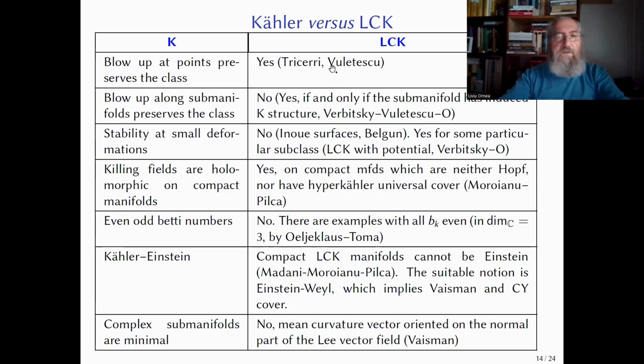The proof was then made correct by Vuletescu many years after that. The blow-up along submanifolds is not preserved as in the Kähler case, but only if the Lee form restricted to the submanifold is exact.